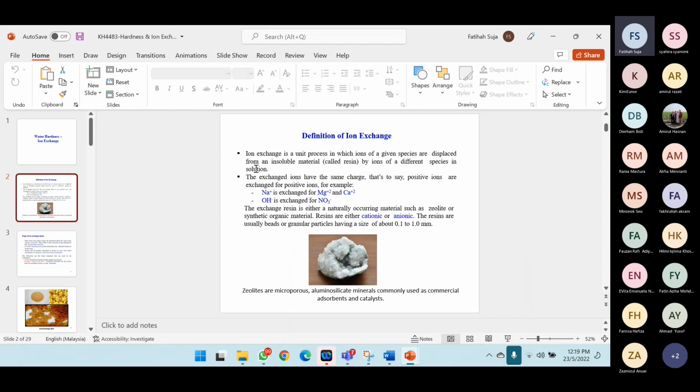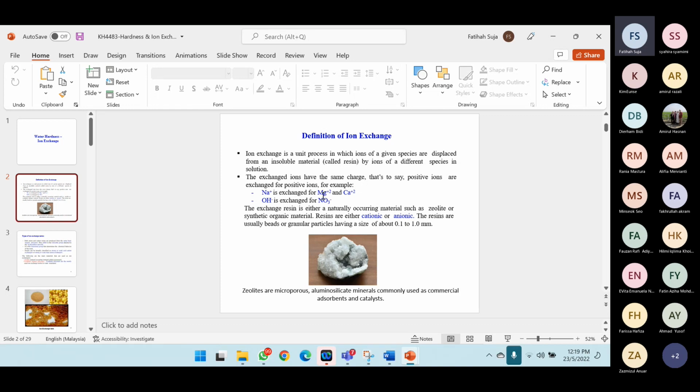Okay. Ion exchange is a unit process in which ions of a given species are displaced from an insoluble material called resin by ions of a different species in solution. So the exchanged ions have the same charge. That is to say, positive ions are exchanged for positive ions.